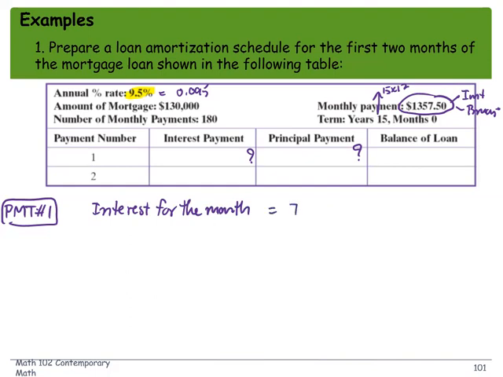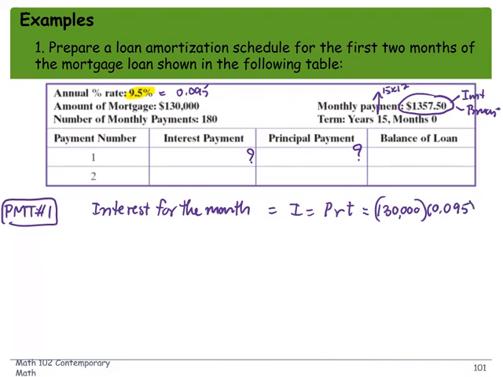The formula is I equals PRT, which is the same formula that you saw in the earlier section. P is the loan. For the first payment, the loan amount is $130,000. R, the rate, is 0.095, but this is the rate per year.